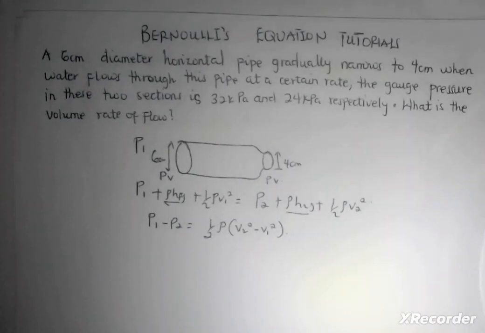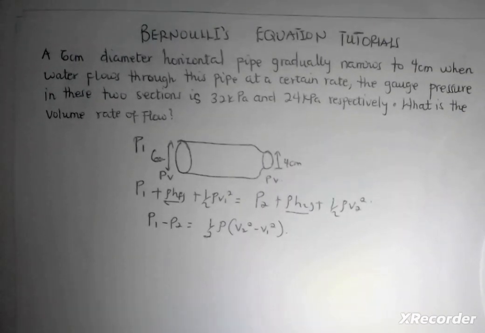So now you ask yourself, what is volume rate of flow? When you are dealing with volume rate of flow, you're going to consider the product of area by the velocity of the fluid, the area of the cross section by the velocity of the fluid.